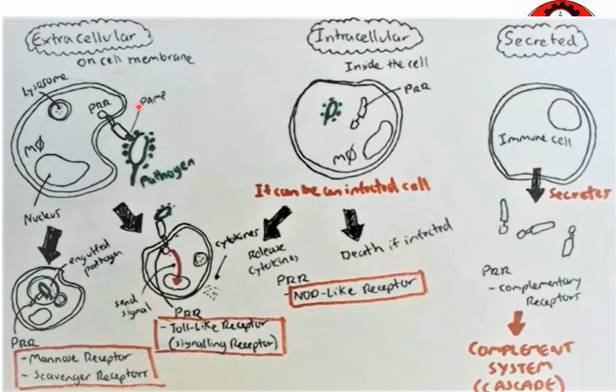So what is the fate of the pathogen once recognized by the pathogen recognition receptor? We have three types of pathogen recognition receptor. We have extracellular, we have intracellular, and we have secreted or free pathogen recognition receptor.